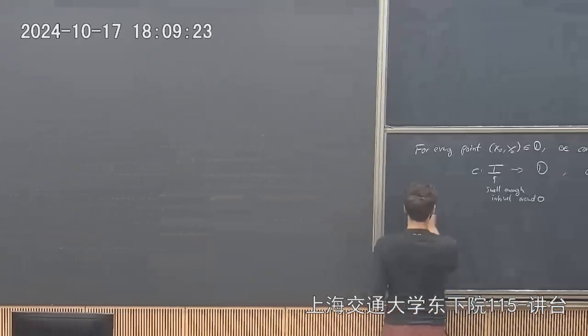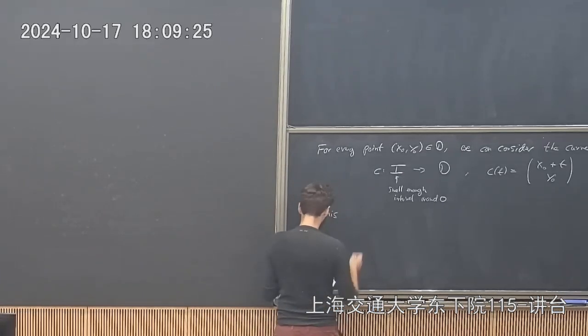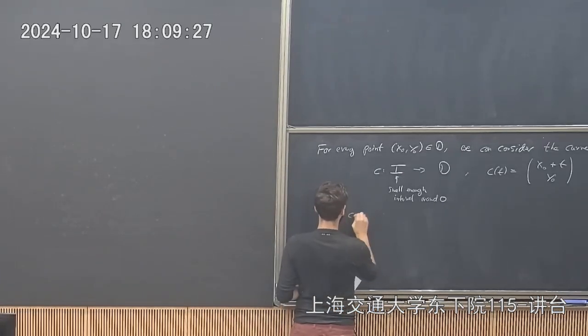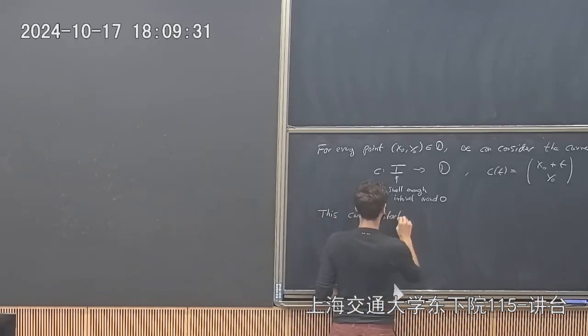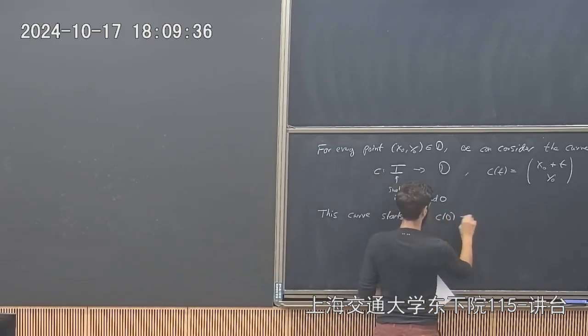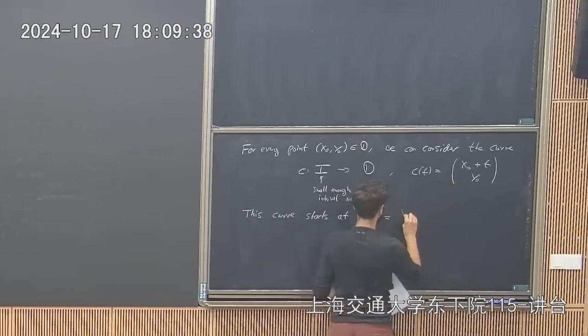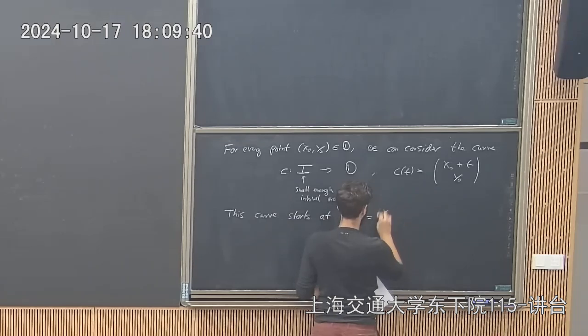And what we have is that this curve starts at C of 0, which is just x0 and y0. That's by construction.